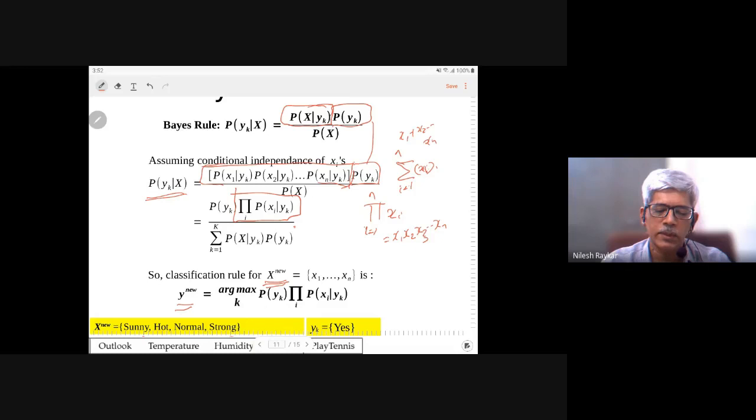This probability term remains as it is, that is P(yk) multiplied by the product of individual conditional probabilities. This you will calculate for each of the labels. So for y equal to 0, you will calculate, and for y equal to 1, you will calculate. Remember that these two probabilities for y equal to 0 and y equal to 1, the conditional probabilities, will not add up to 1 like in the other case.